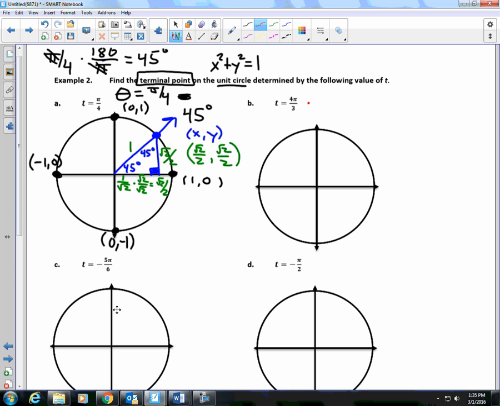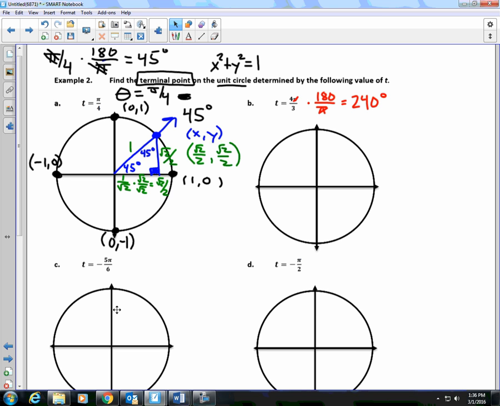We'll multiply by 180, divide by pi. Does anybody remember what 4 pi over 3 is? We'll cancel off the pi's. 180 divided by 3 is 60, times 4 is 240. Which quadrant will 240 degrees place me in?